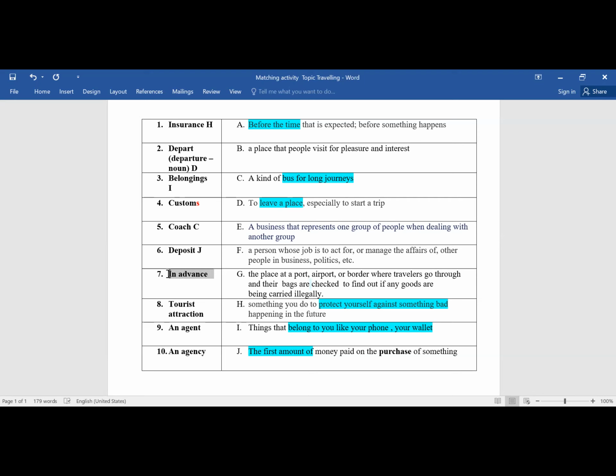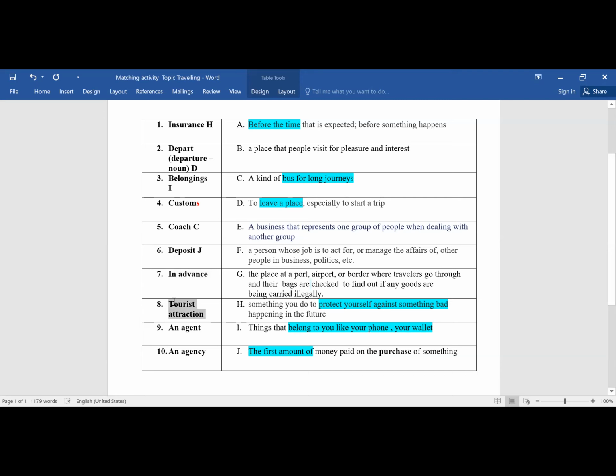Yes, and you will need to book a hotel in advance, right? Yes. Maybe you also need to book a place at a restaurant in advance, right? Yes. Otherwise, when you arrive, there won't be a place for you. So thank you, Linh. That's the meaning of in advance, to do something before something else happens.